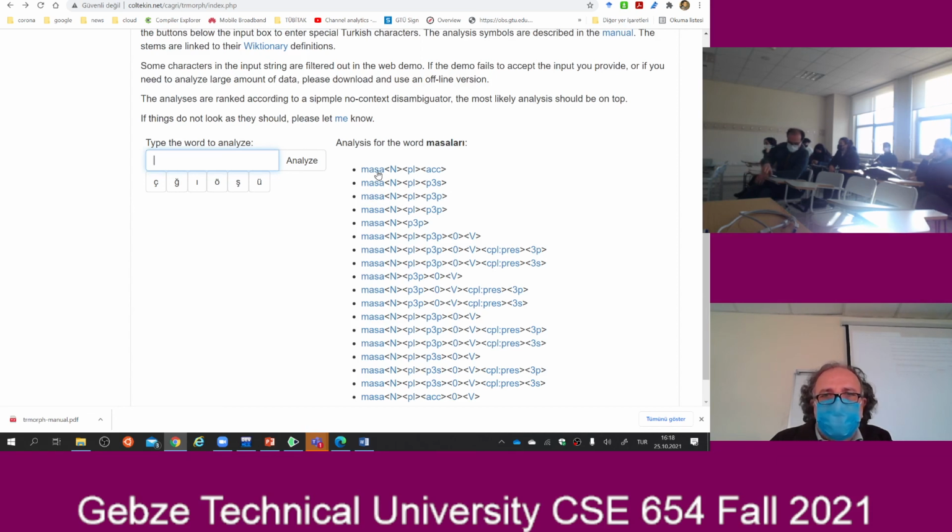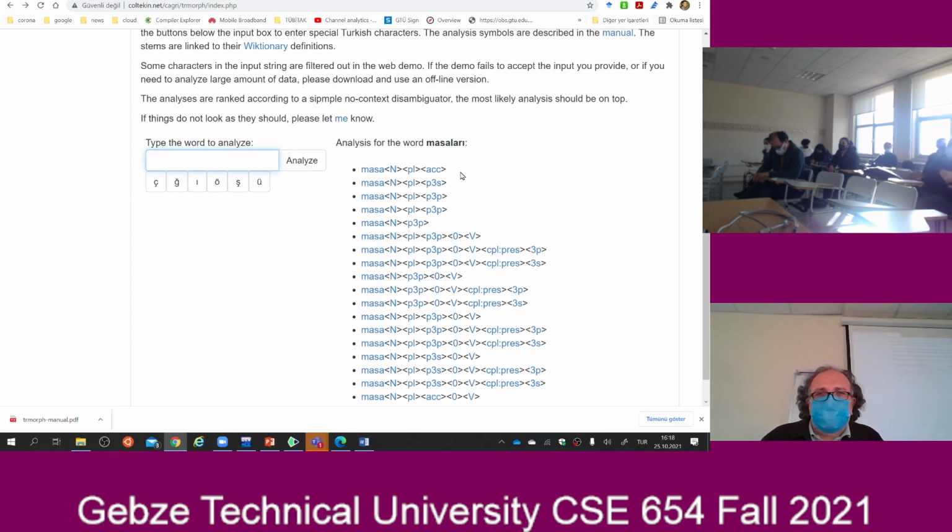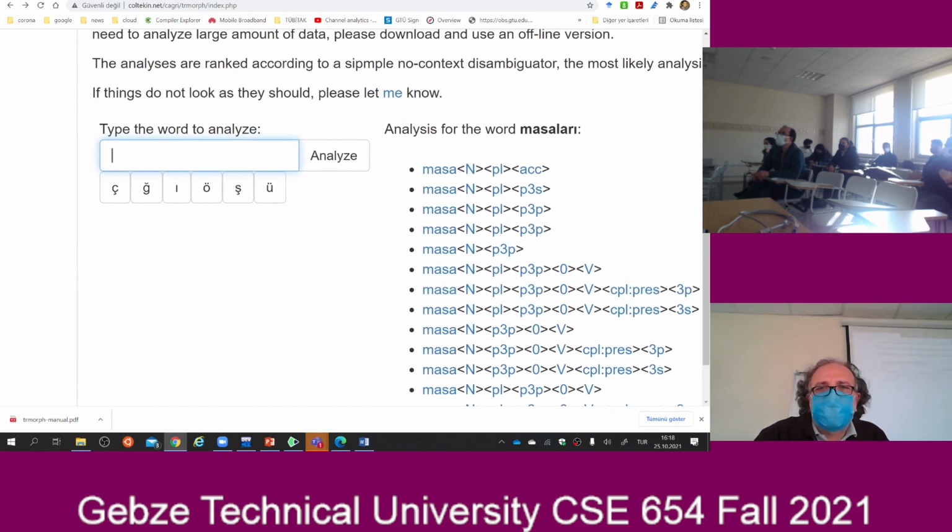So what is the corresponding English word for the first one? How do you translate masaları to English? His tables, right? But it means I saw his tables. It's not just I saw his tables, and I painted his tables are two different things, right?